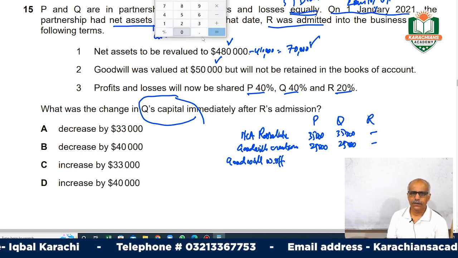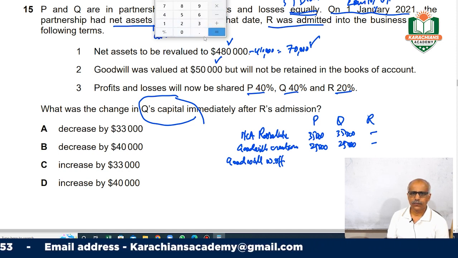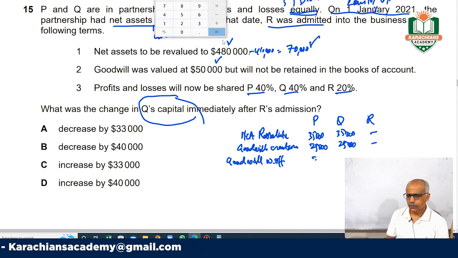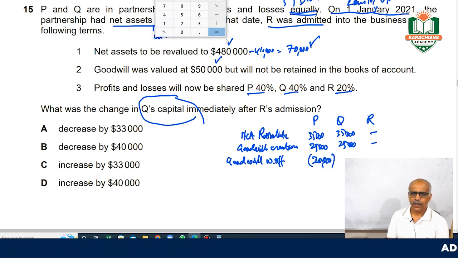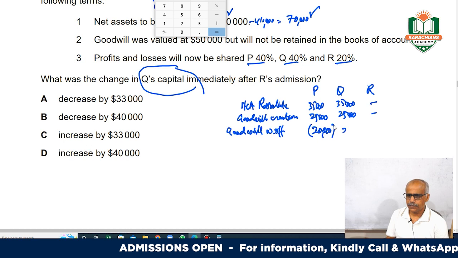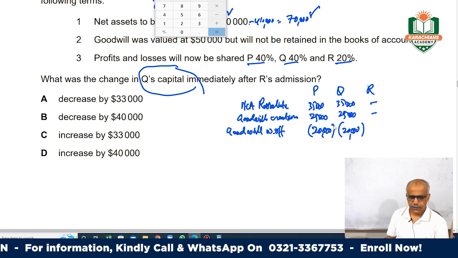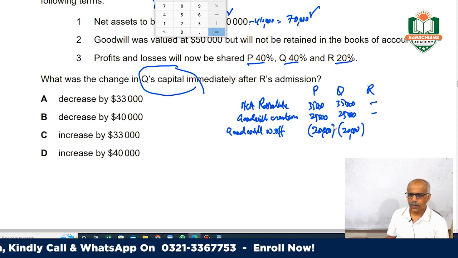So 50,000 at 40%, 20,000 will be deducted from his capital, and 20,000 from the other, right?